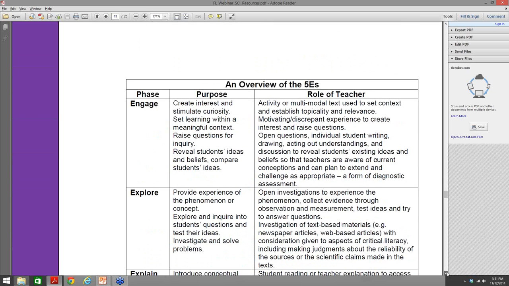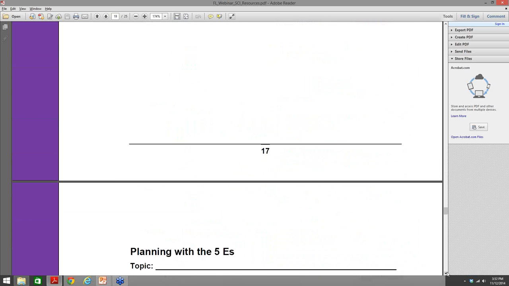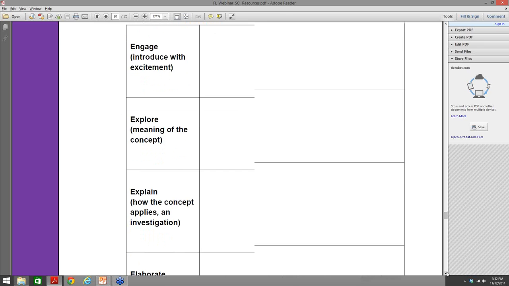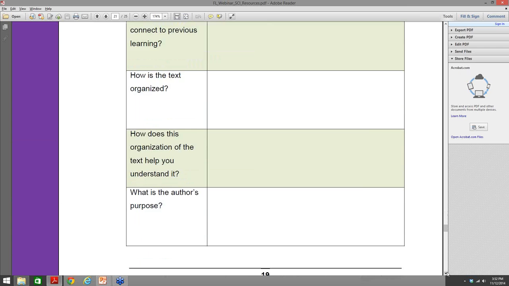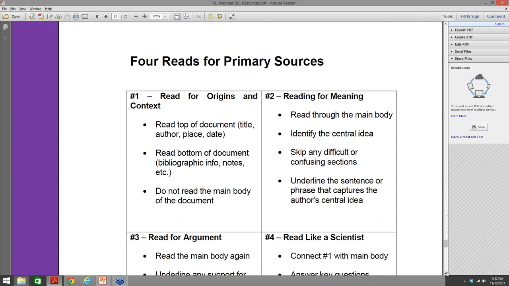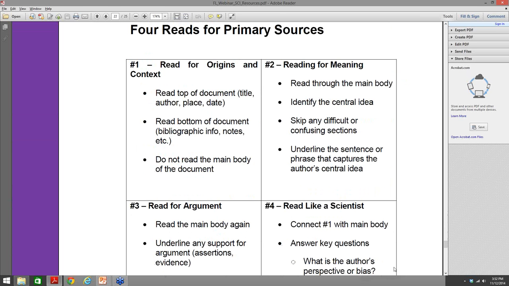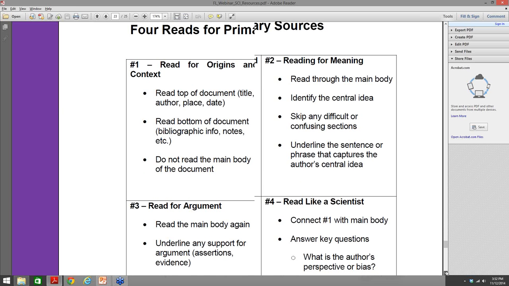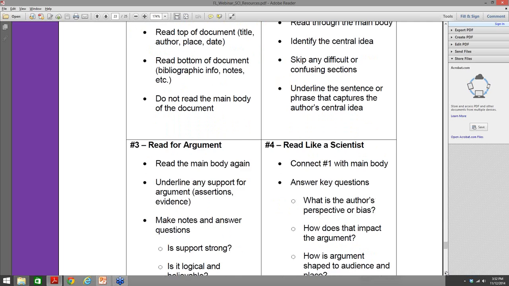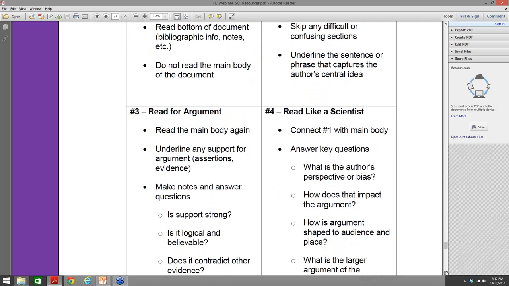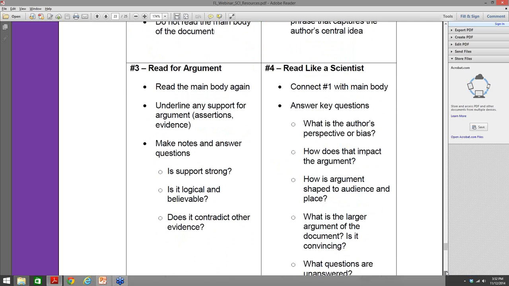And I believe, Bonnie, you have a chart in here somewhere. Yes, I do, and I'm going to make everybody dizzy as I find it in just a moment, because there it is. As you look at it, it's the same for working with a primary source and science as what we did, except that reading number 4, we said it's read like a scientist, where we're connecting, we're asking questions, but look at those questions. Those questions are still the same.